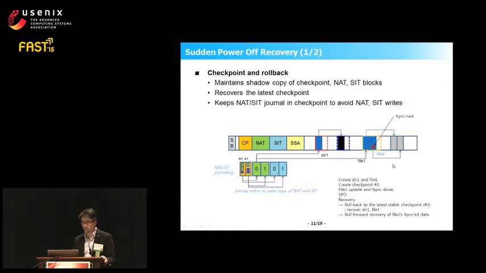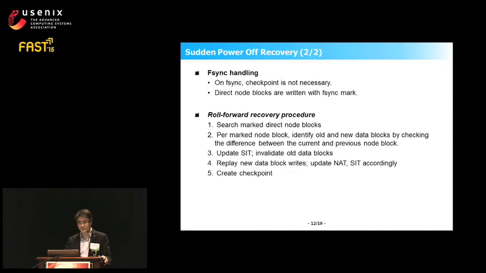So the rollback scheme uses the latest checkpoint to recover the state. And then we apply a roll-forward mechanism to recover the Fsync data. I will talk about Fsync later in this slide.